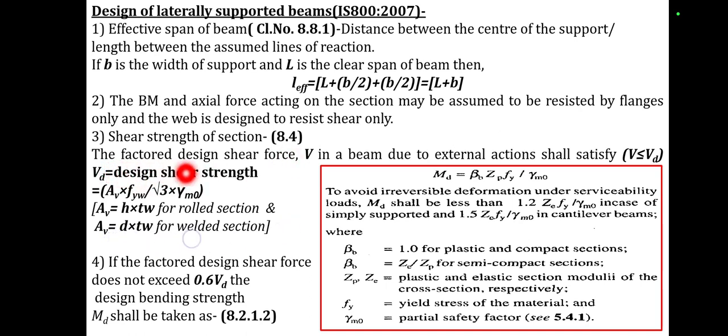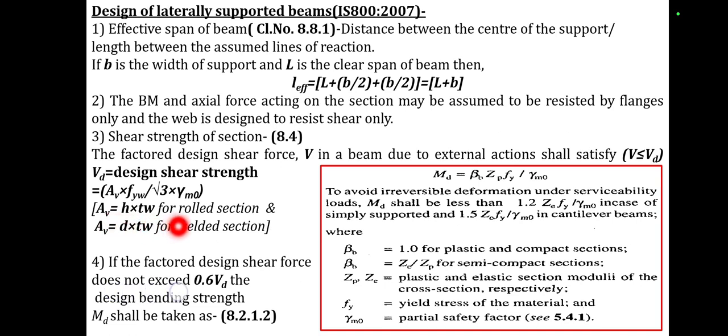Here, the factored design shear force V in a beam due to external action shall satisfy the condition V should be less than Vd. That is, Vd is equal to the design shear strength, and it is calculated using the formula Av into Fyw upon root 3 gamma m0, where Av is equal to h into tw.